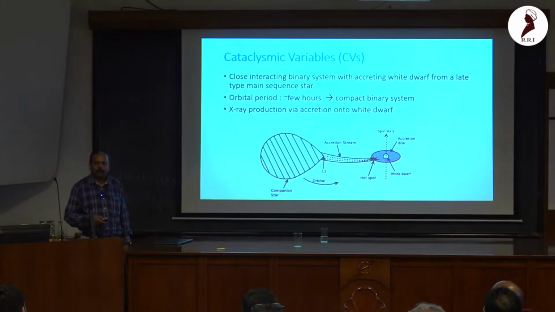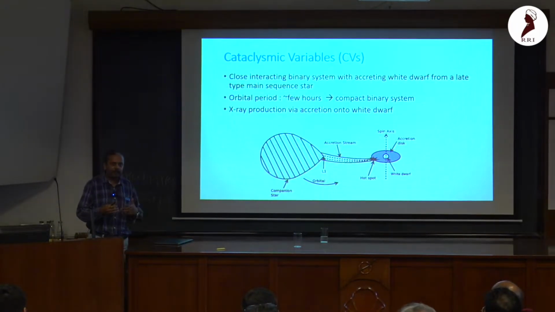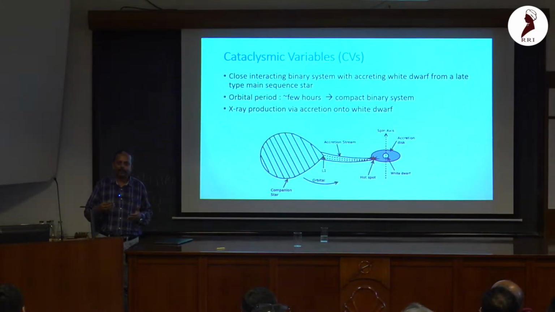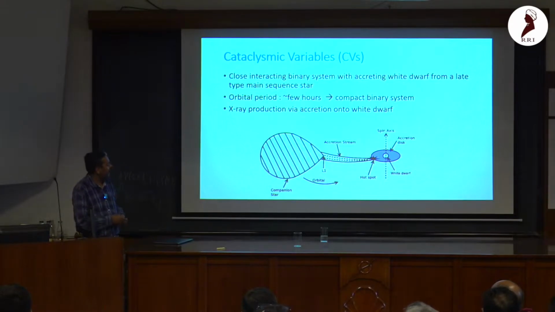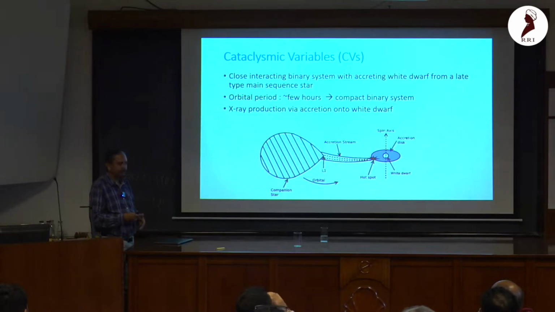Now these stars are pretty interesting, as the name suggests. Earlier, when people observed them, they had undergone a lot of catastrophic events, and that's why they call it cataclysmic. These are highly variable stars, varying on periods of minutes to hours, or days and weeks also.